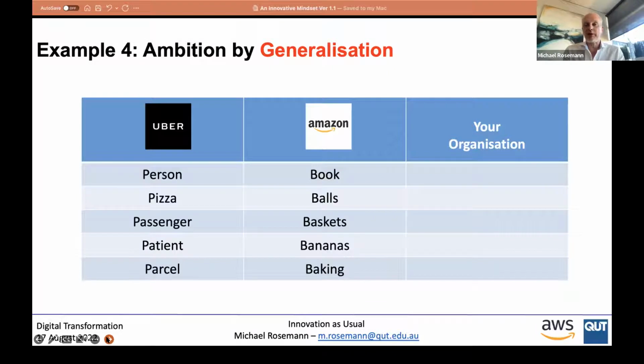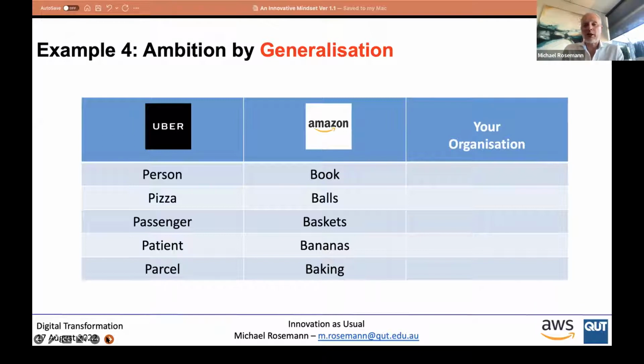In the United States, healthcare service providers call an Uber for their patients. And as you know, parcels that otherwise would go via Australia Post can be delivered via Uber. So Uber did nothing else than working out what else can we do with an existing capability.